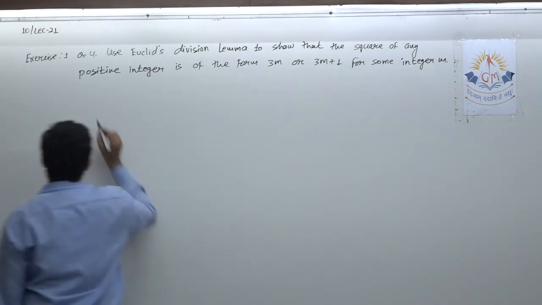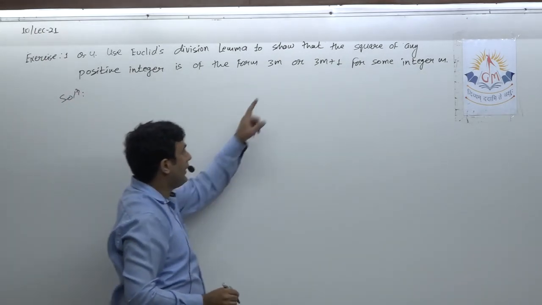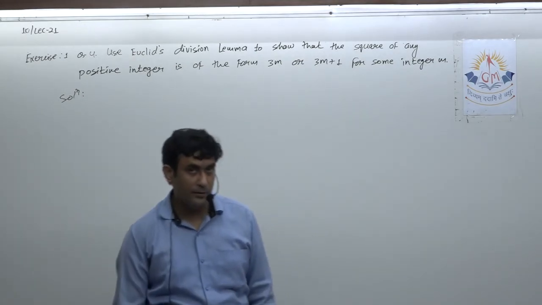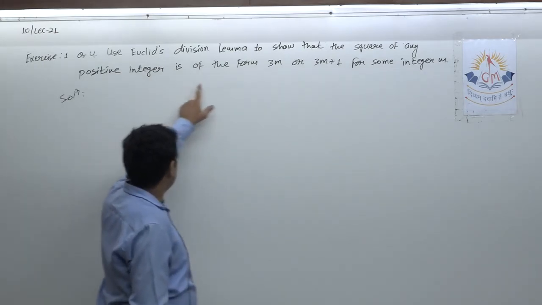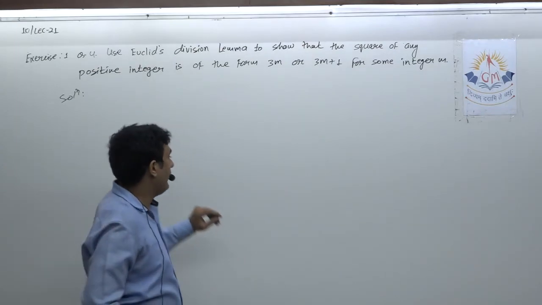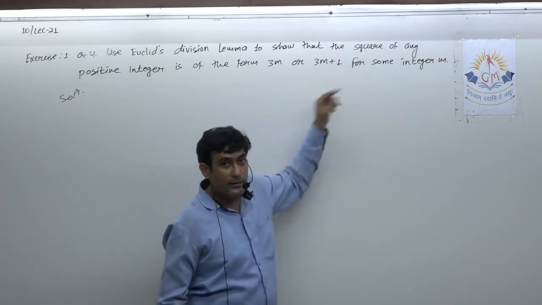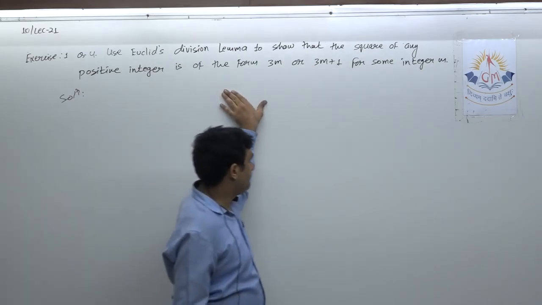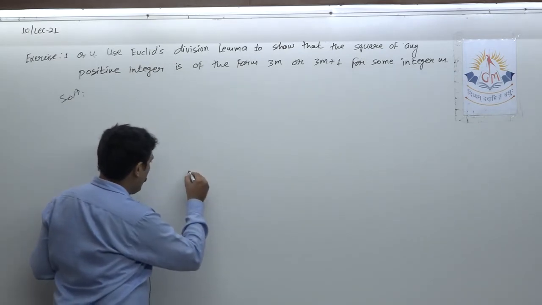Okay, so here we have to show that if we make the square of any positive integer, then either it will be in the form 3m or it will be of the form 3m plus 1. That means square of any integer will be an exact multiple of 3 or it will exceed the multiple of 3 by 1. Now if you remember, this is one of the properties of squares. You can check it by taking any number.